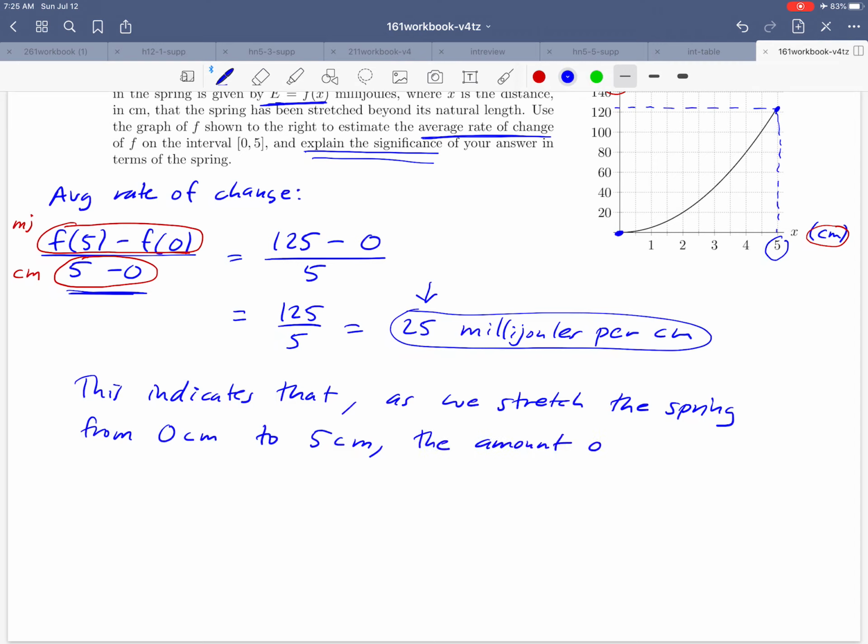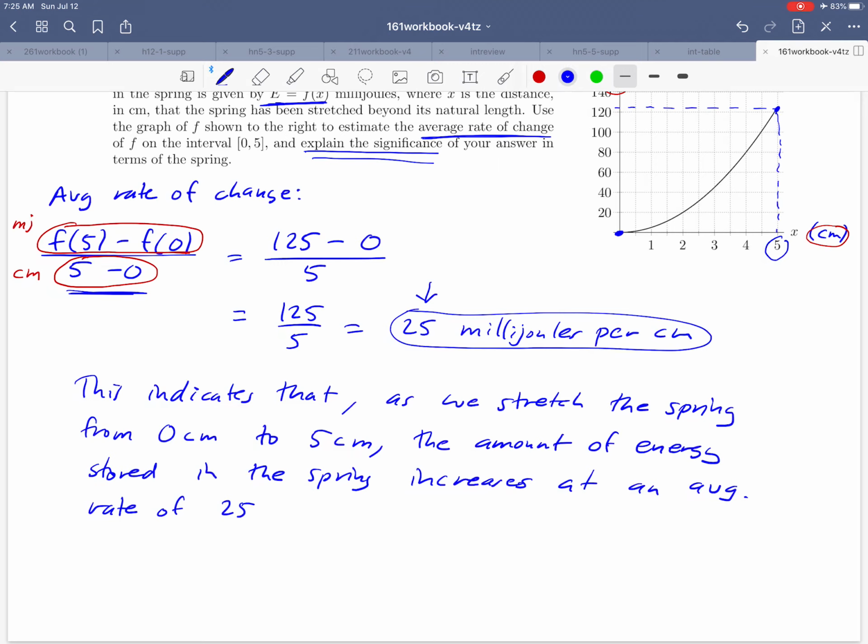The amount of energy stored in the spring increases at an average rate of 25 millijoules per centimeter. So it's just telling us kind of how fast, on average, additional energy is being stored in our spring as we stretch it over this 5 centimeter length.